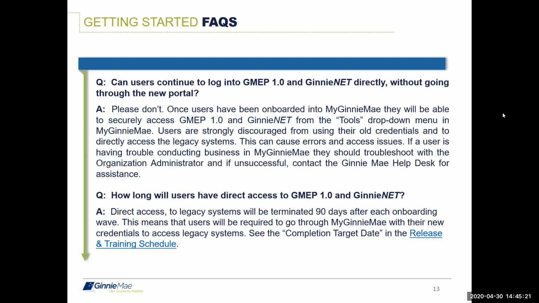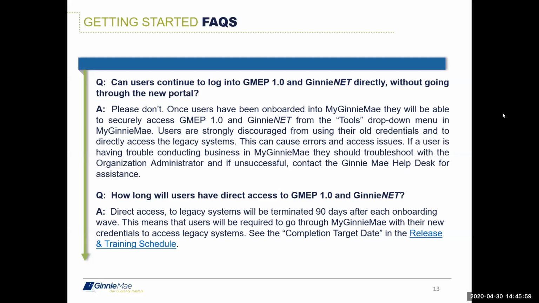Now, how long will you have access to directly log into those legacy accounts before we disable them? There is a 90-day target date. For my folks that are in wave 5, my document custodians, what that means is August 10th at the latest, your old credentials will be removed and you will have to go through MyGinnieMae to access our business applications, such as GinnieNet, okay?